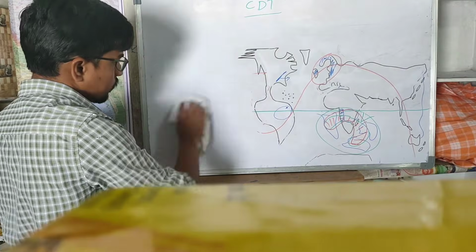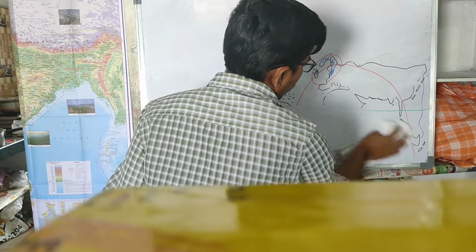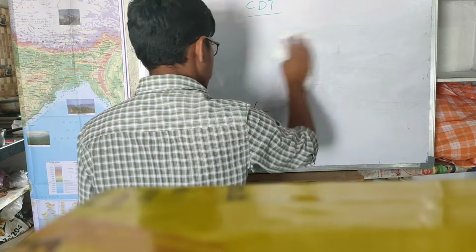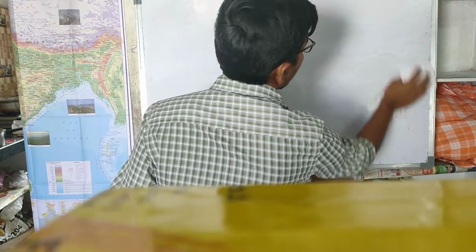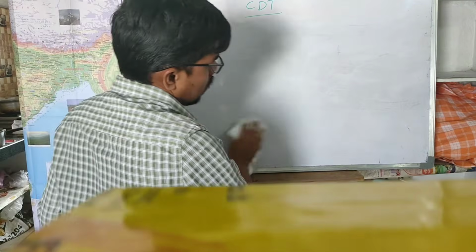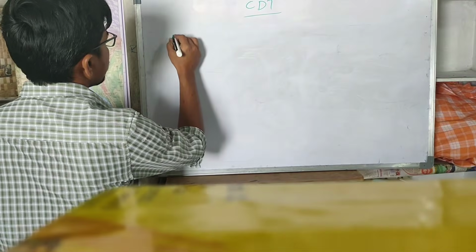What are those? The first one is the jigsaw fit. Lastly, one evidence is remaining, that is the paleomagnetic.